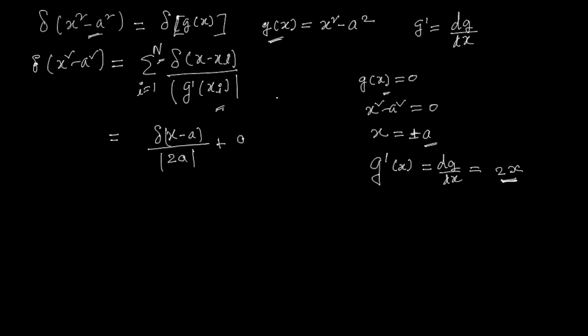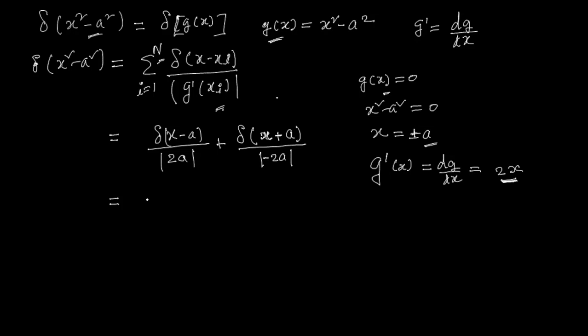Plus the second term associated with the second root. The second root here is x equals minus a, so xi will be minus a in this case. So what we'll get here is delta of x minus, and already there is minus, so it will be plus a, divided by, if we put x equals minus a here, we'll get minus 2a, but we have to take mod, so this will also give you plus.